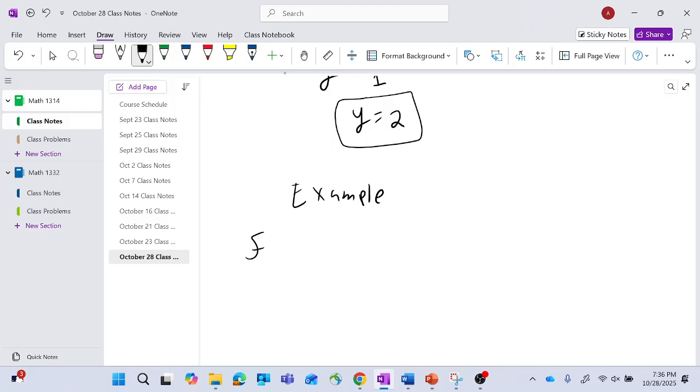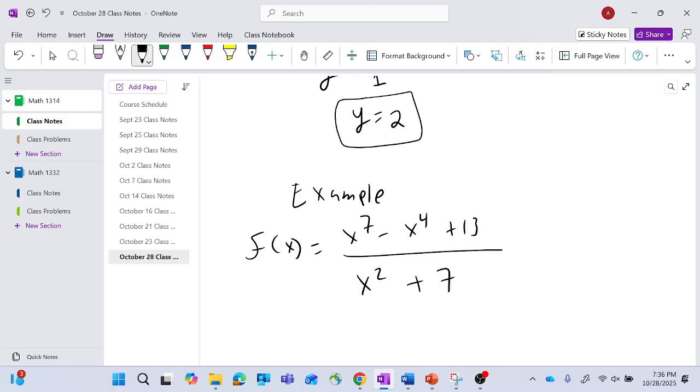If we have something like f of x equals x to the 7 minus x to the 4th plus 13 all over x squared plus 7. The horizontal asymptote here, the degree is bigger on top, right? Power of 7 over power of 2. So this would be a case of bigger on top, none.